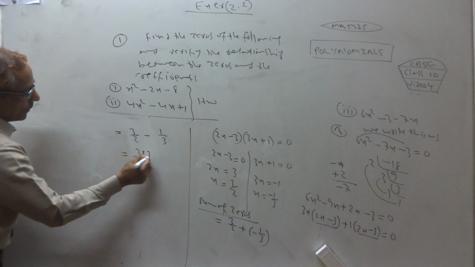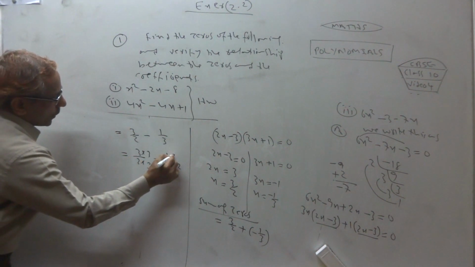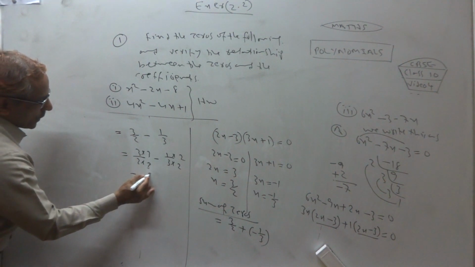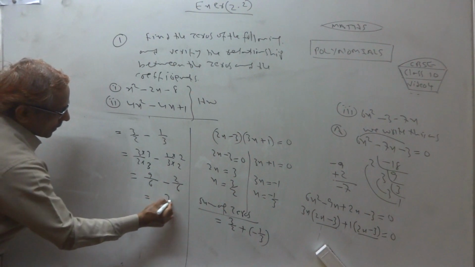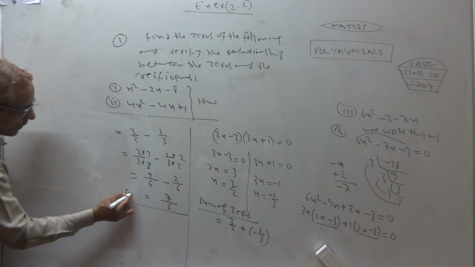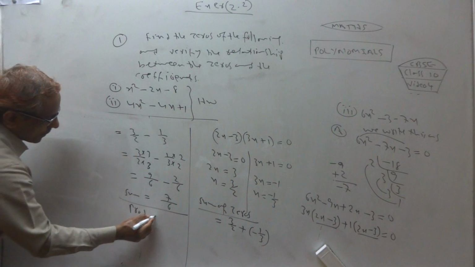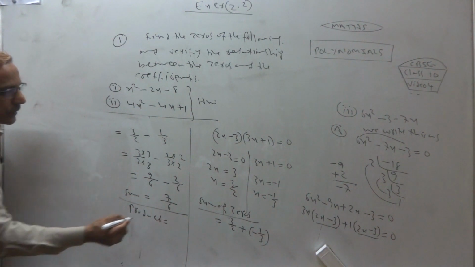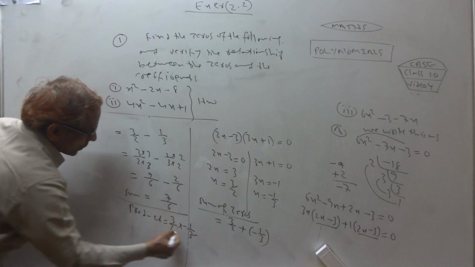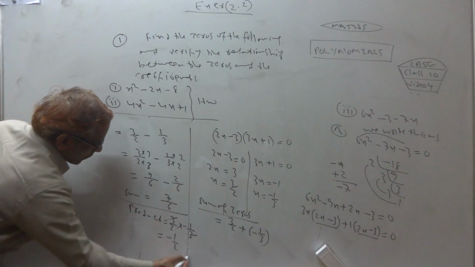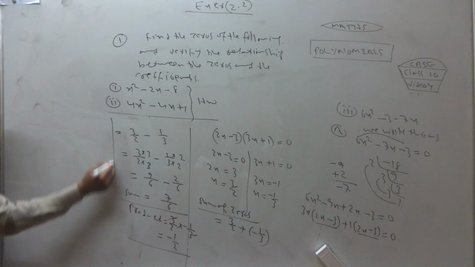Into 3 into 3, into 2 into 2. So it is 9 by 6, 2 by 6, 7 by 6. I got the sum. What is the product? Product is this into this. Yes, so 3 3 cut. This is the product. Now verification.